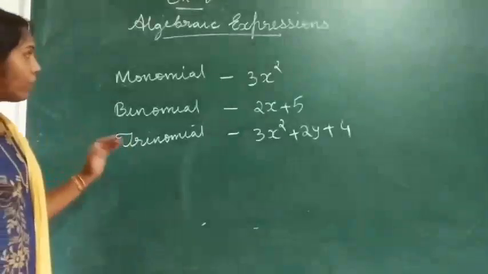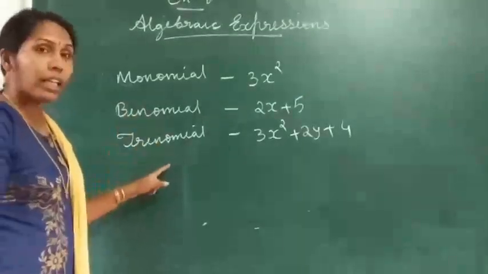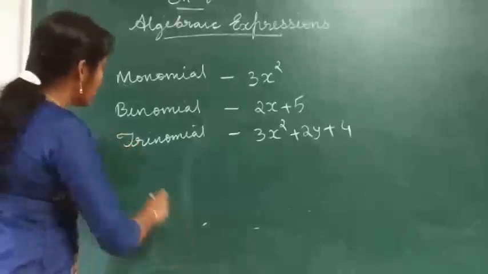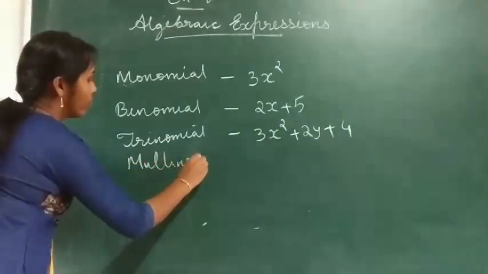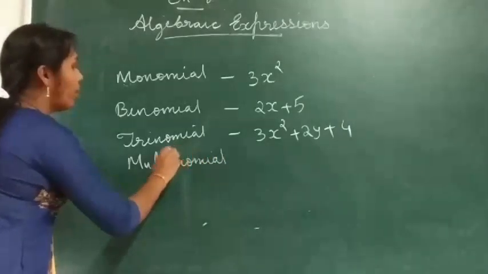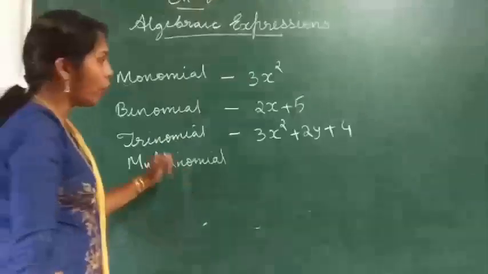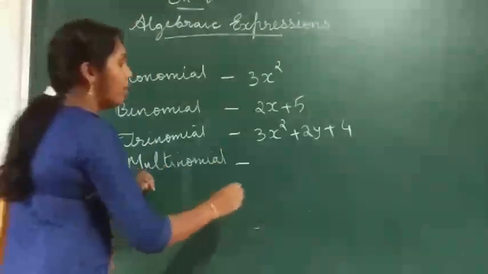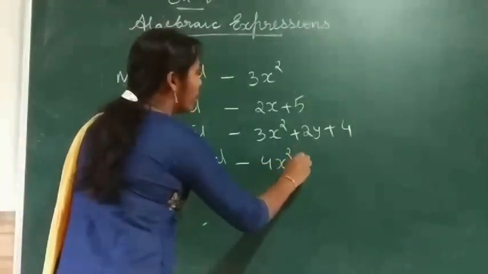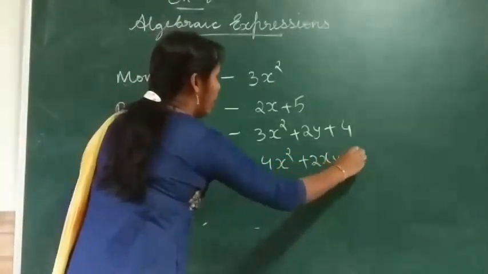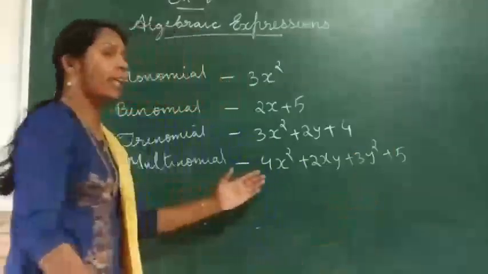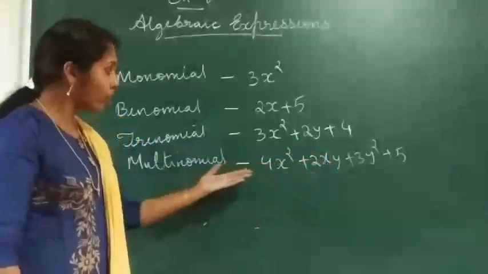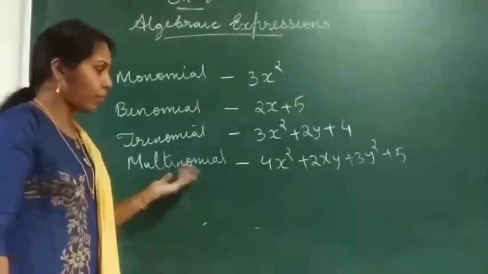And an algebraic expression that contains more than three terms is known as a multinomial. A multinomial can have more than three terms. Example, 4x square plus 2xy plus 3y square plus 5, or it can have more terms. They all together are known as multinomials.